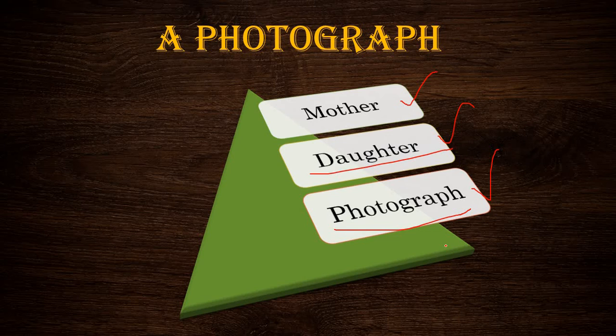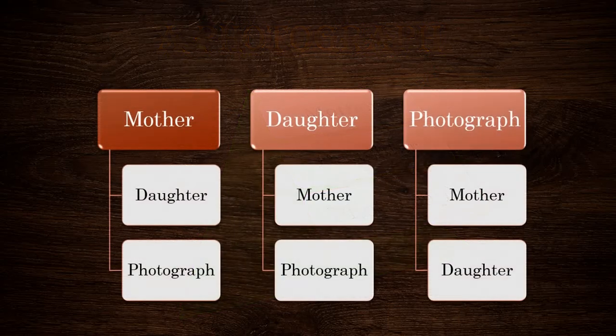Those three things are very important, and whenever you are thinking about writing an answer, you should correlate the other two factors with the one important factor. It's very simple. Whenever you're talking about the mother or the daughter or the photograph, always relate the other two things with it. So when you are thinking about one, don't leave the other two.